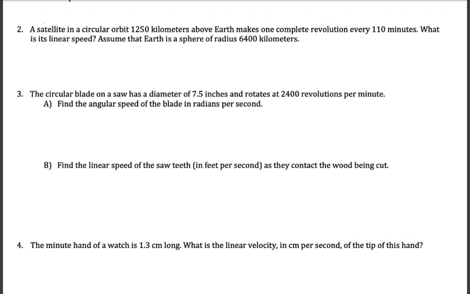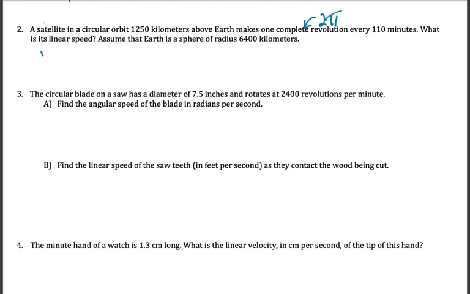On the next example, we're going to talk about a satellite in a circular orbit 1,250 kilometers above the Earth. It makes 1 complete revolution, so that's 1 circle, just 2 pi, every 110 minutes. What is its linear speed? Assume that Earth is a sphere of radius 6,400 kilometers.